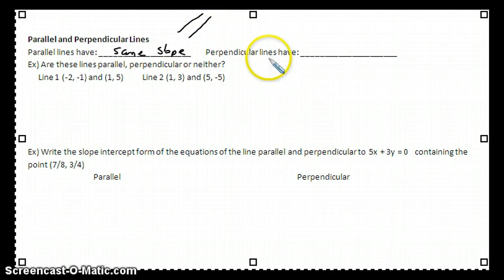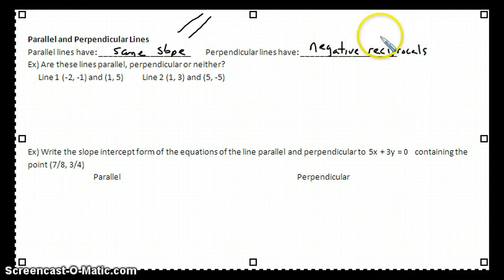If we talk about perpendicular lines, their slopes are negative reciprocals. So it should make sense also if I talk about perpendicular lines. We have one going that way, one going that way, and they form a right angle.